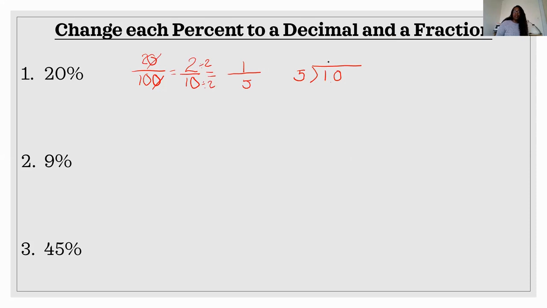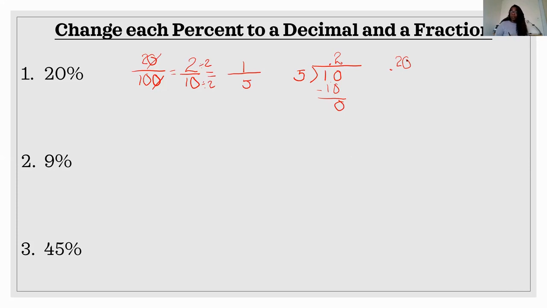That's not possible. But now I can ask how many 5s can go into 10, and I'm going to say 2. So I got 0.2. All right, so 0.2 is the same as saying 0.20.